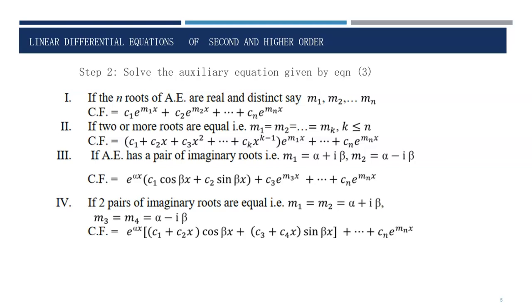The first case: if the roots are real and distinct, say the roots are m1, m2, m3, and so on, mn, we can write the complementary function CF as C1 e power m1x plus C2 e to the power m2x plus and so on plus Cn e to the power mnx, where C1 and so on are constants, for the n roots of the auxiliary equation.